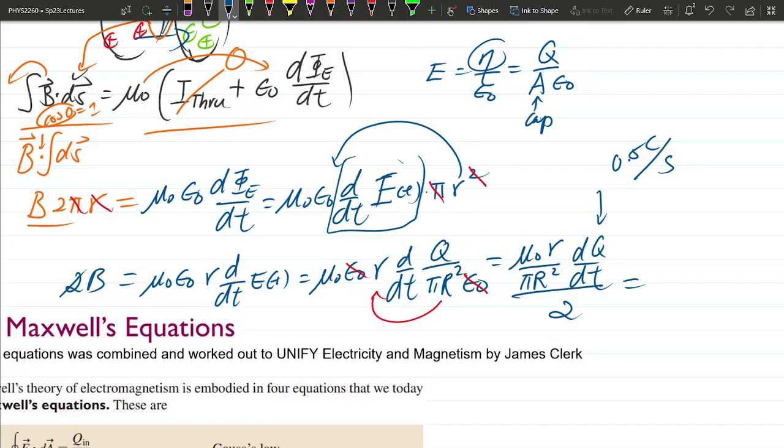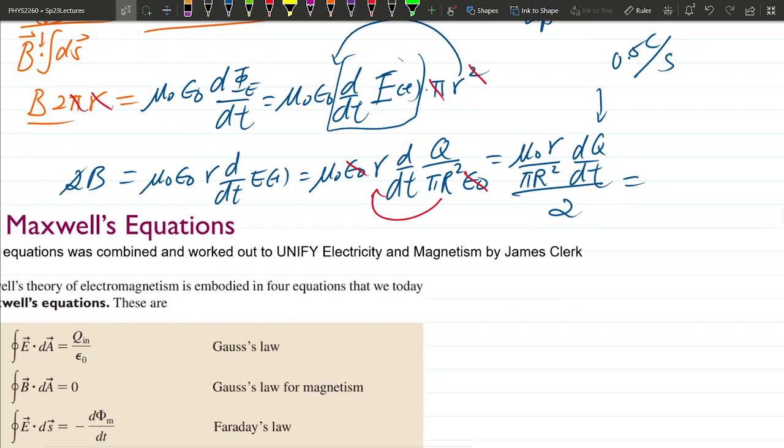Permeability of free space. That's a weird number. 10 to the 7. Yeah, I think that's what that is. Negative 7. Okay, now I need to go back to my calculator. Negative 7, times r.